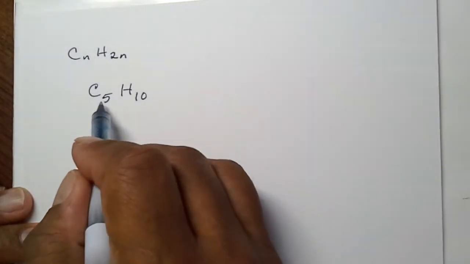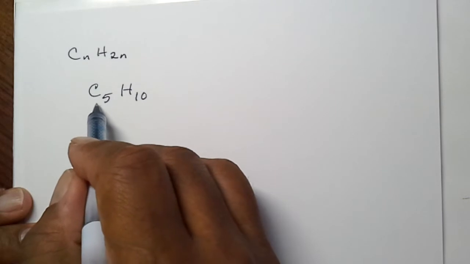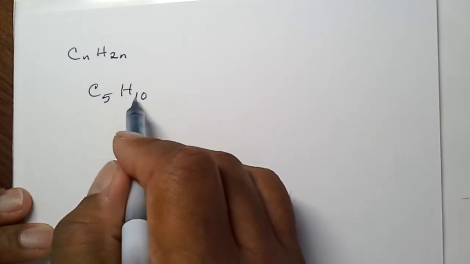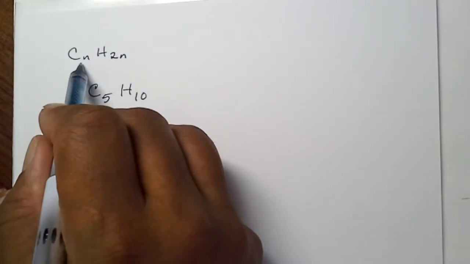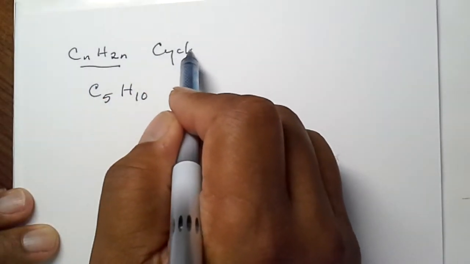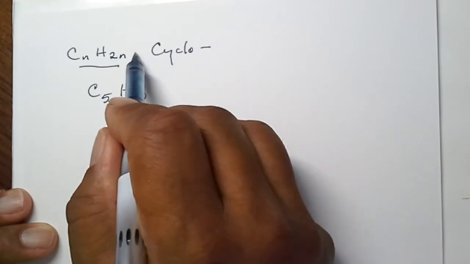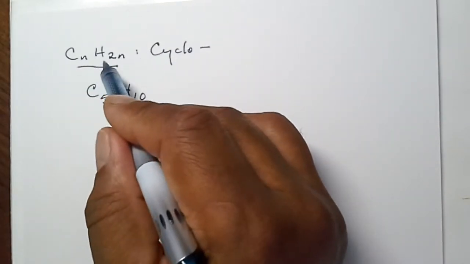Alright, so 2 times the carbon number is equal to the hydrogen number. And this is a general formula for our cyclo compounds, CnH2n.